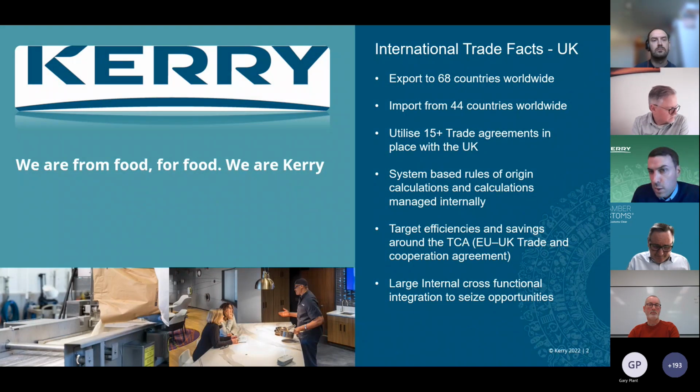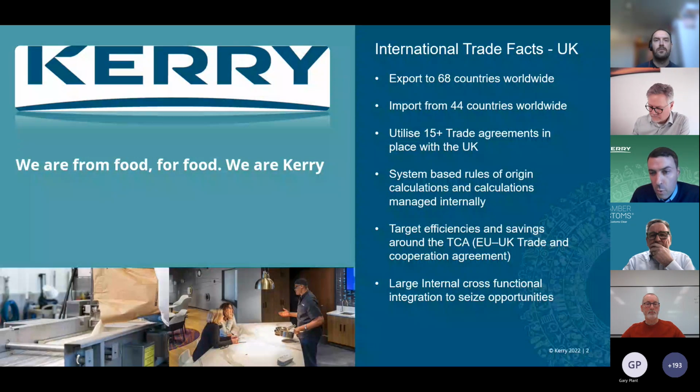At the moment, we're currently utilising about 15 plus trade agreements that are in place with the UK. All of our rules of origin calculations are system-based. We decided to implement a system pre-implementation of TCA to support us with that, and we have a team in-house that run and manage all of those calculations on a day-to-day basis.